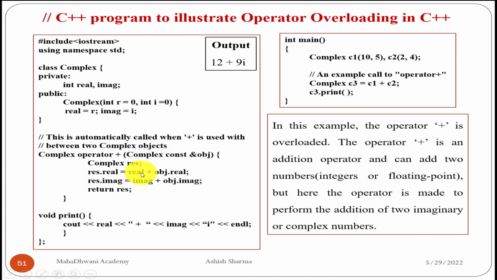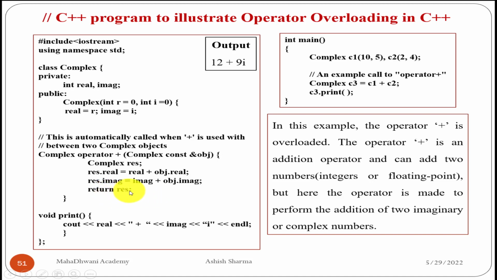This real is the new real and this real is an existing real. Existing real means from where you are taking a value. So we are taking a value from the first complex number and a value from the second complex number, and they are added to each other, and we get the result of the real part by adding these two numbers. After that, the same happens for the imaginary part, and we get the result for the imaginary part.